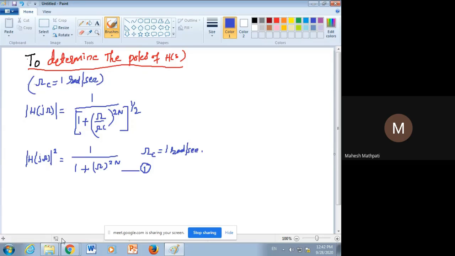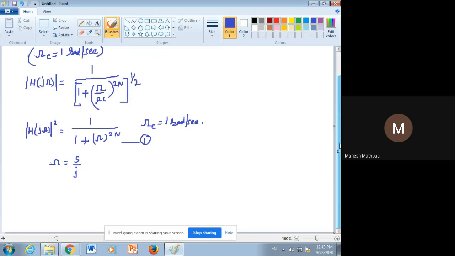For this purpose, put omega equals s by j in the above equation. Then the above equation becomes, so what will happen here?